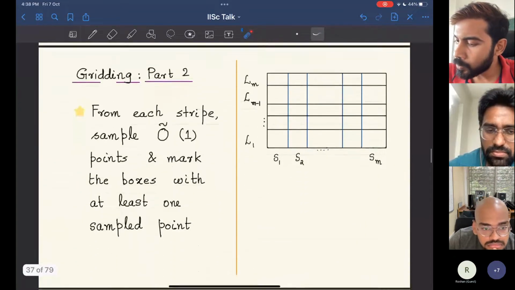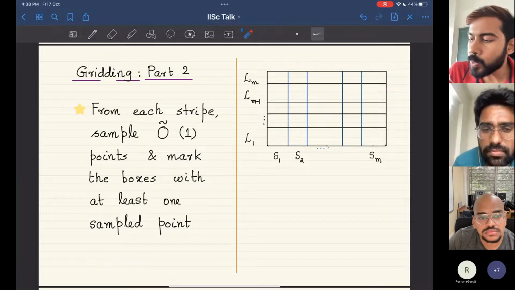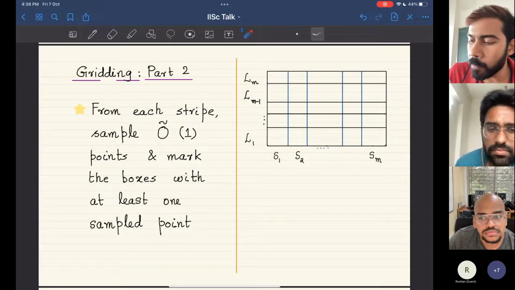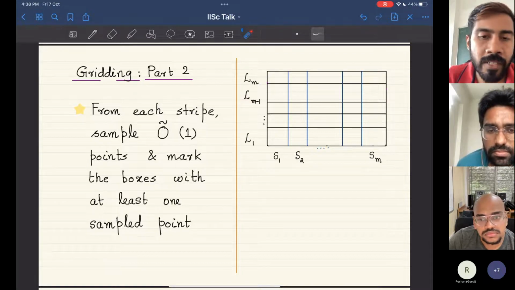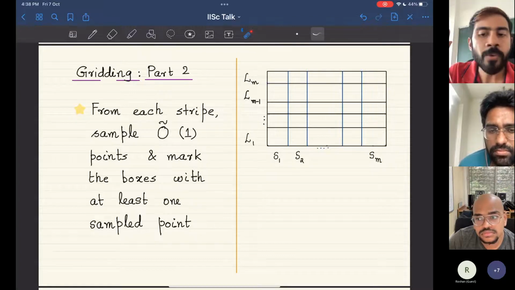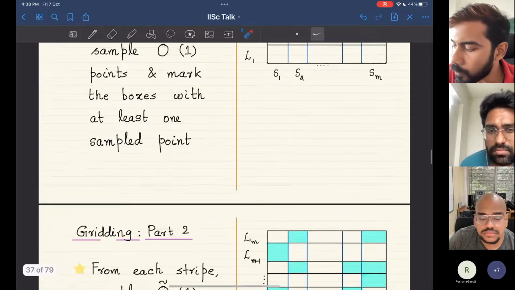So here is what I do. From each stripe, I'm going to sample roughly polylog n, or O tilde of polylog n, many points, and mark the boxes with at least one sampled point as non-empty, using further samples.